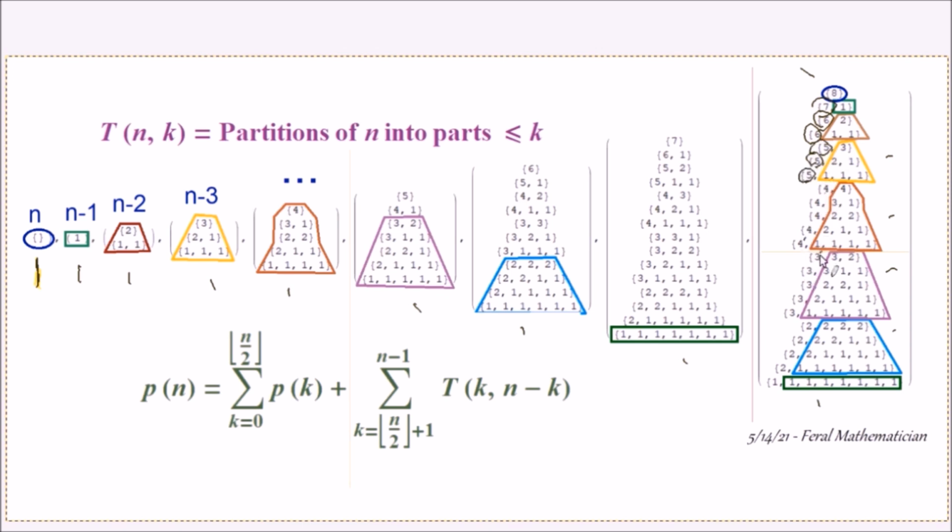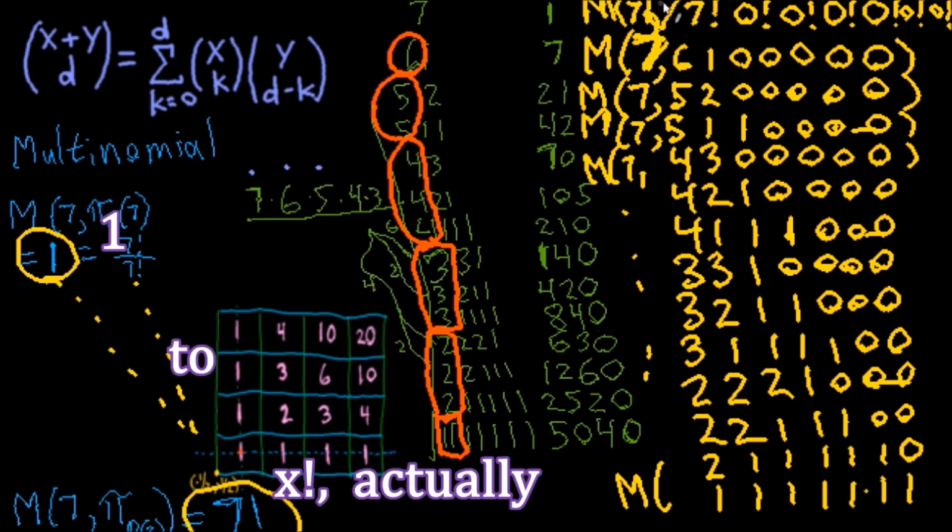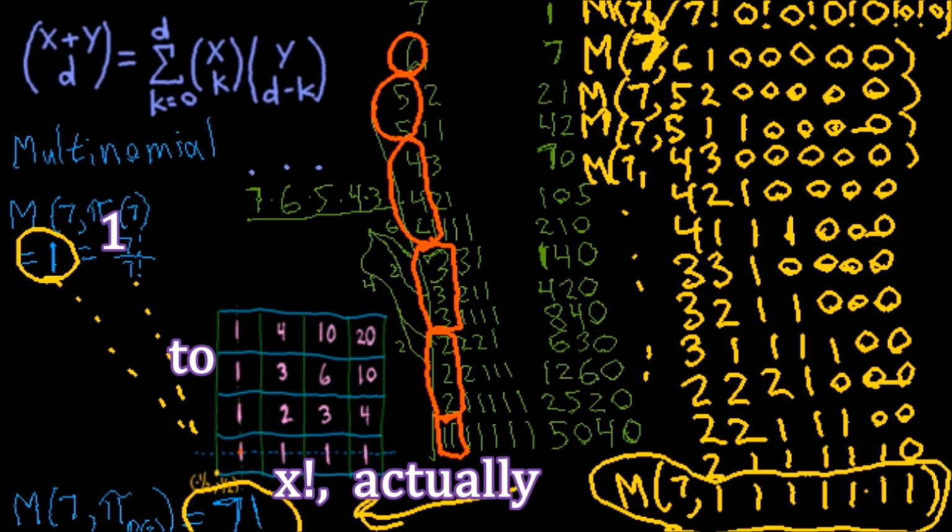And it's a pretty fascinating structure, and it just carries right on through to multinomials. And the one thing you can always guarantee is that the span of that column is going to go from x to x factorial, and everything in between shares divisors.